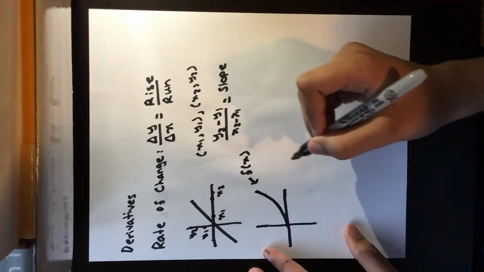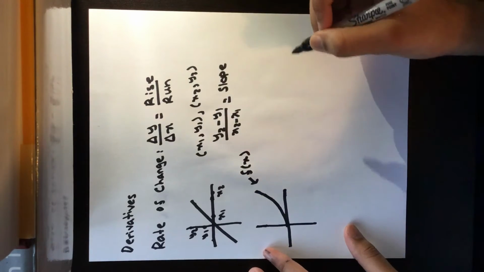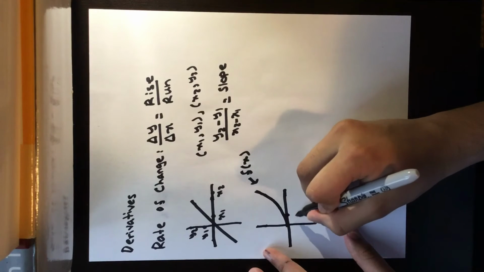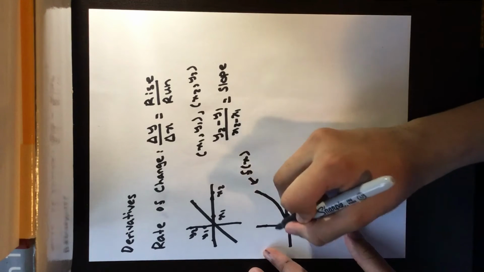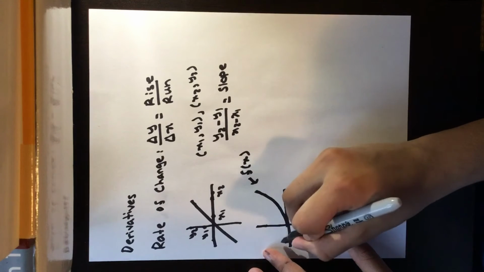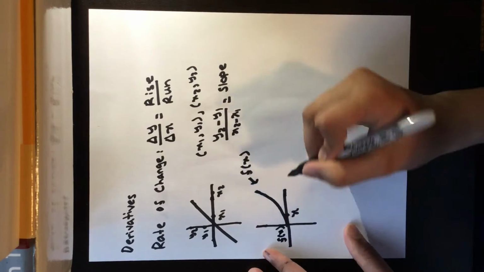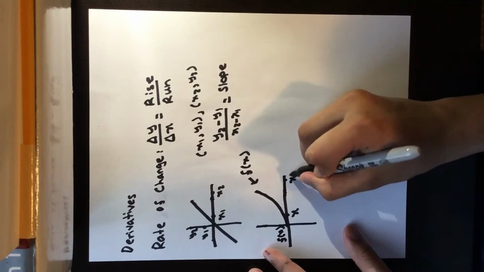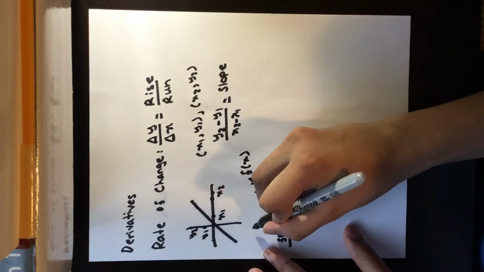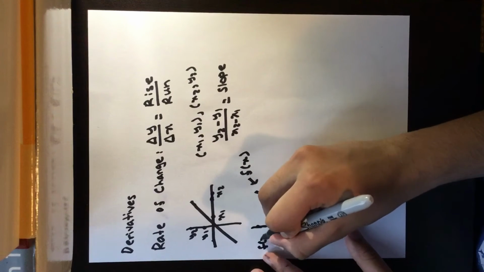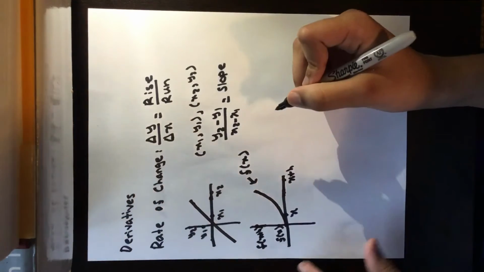Well, we can use a similar tactic to what we employed to find the slope of the line. We have this point x, and the y-coordinate at this point x would be f(x). And if we are given another point, x plus h, the y-coordinate at that point would be f(x plus h).